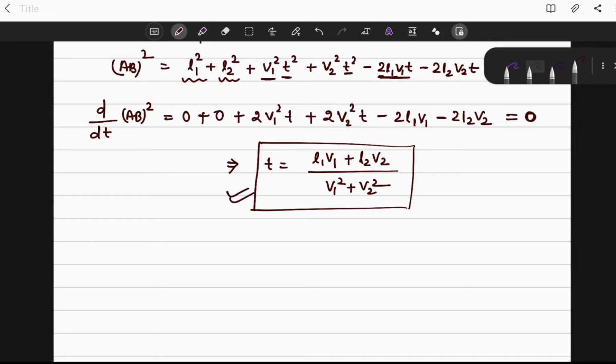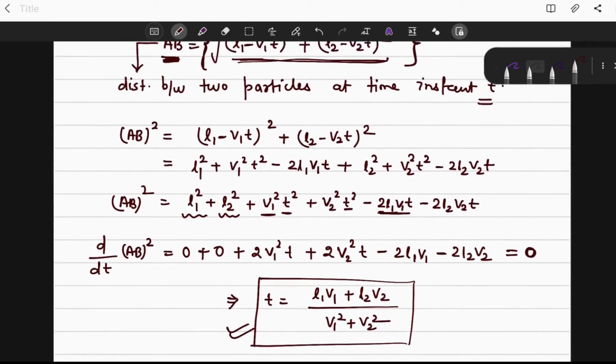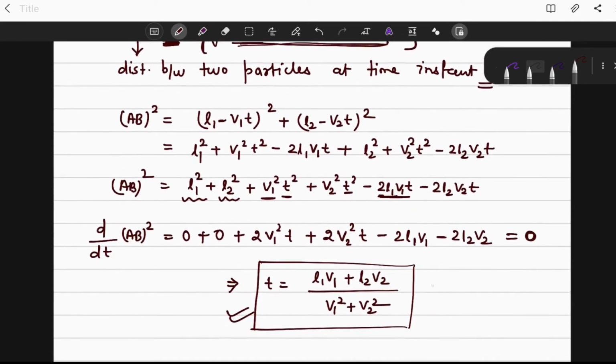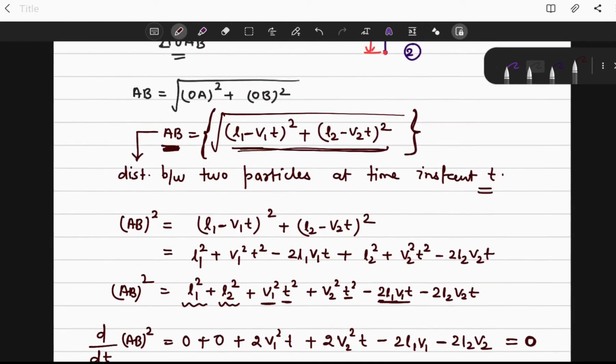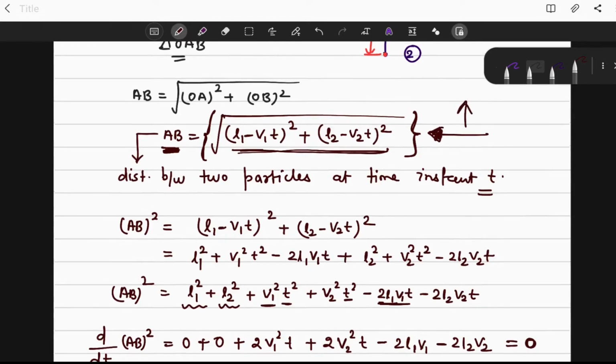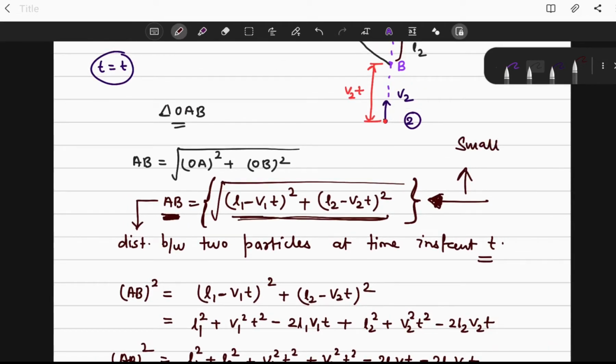Now we have to find that particular smallest distance. For that, we can substitute this expression of time in the equation of AB, and then we will get the smallest distance.